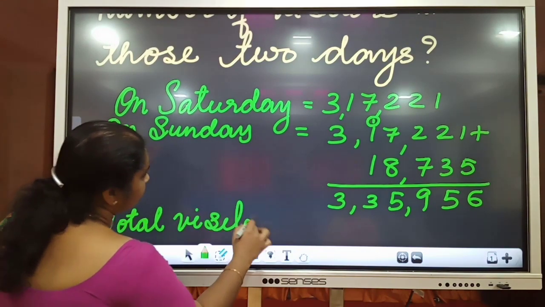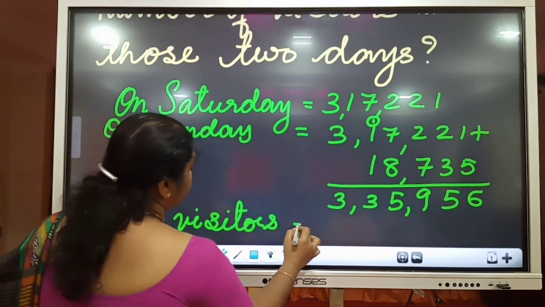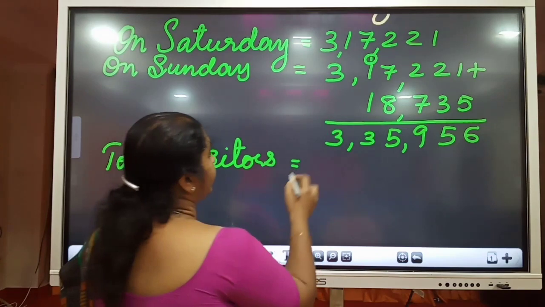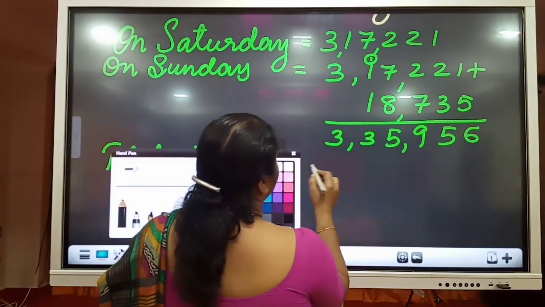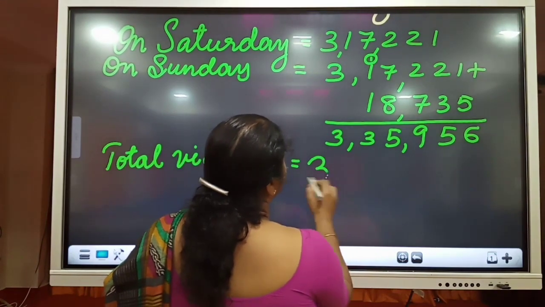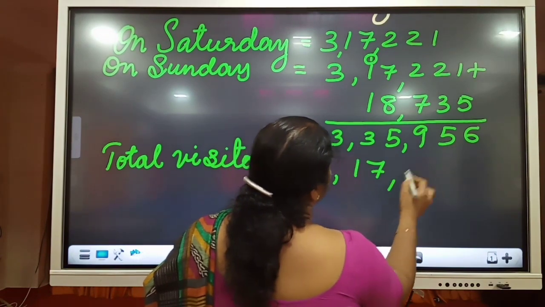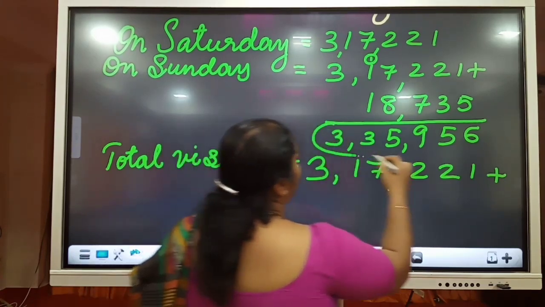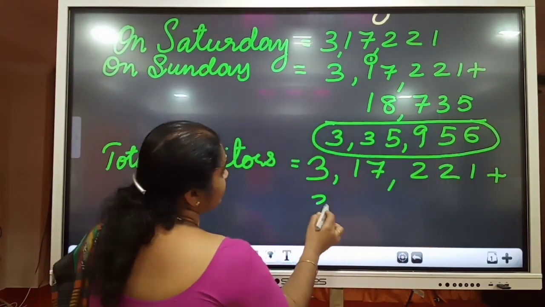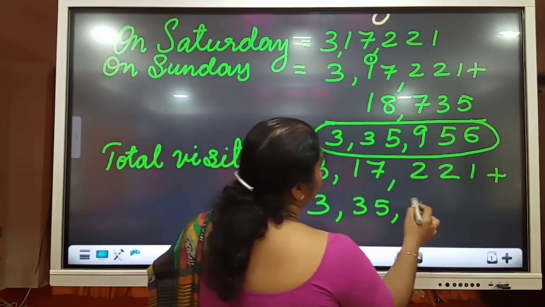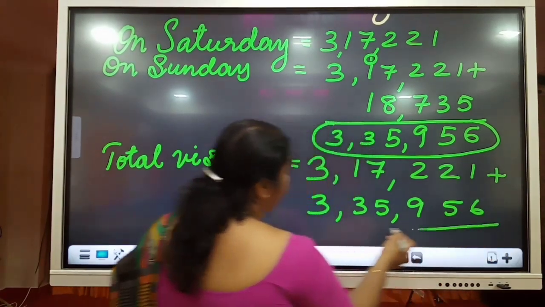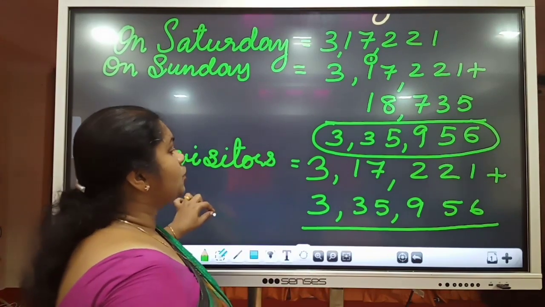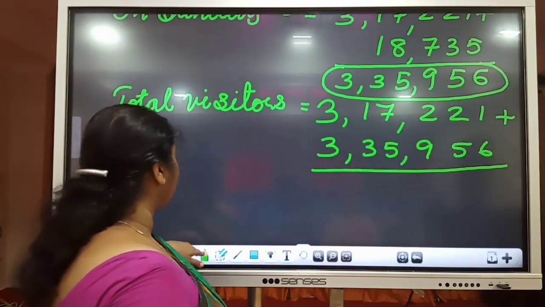Which two numbers should we add? Here, don't get confused. Saturday's already given. What is the number given? 3,17,221. And now we got Sunday's, that is 3,35,956. When you add this Saturday and Sunday only, we will get the total number of visitors in those 2 days.